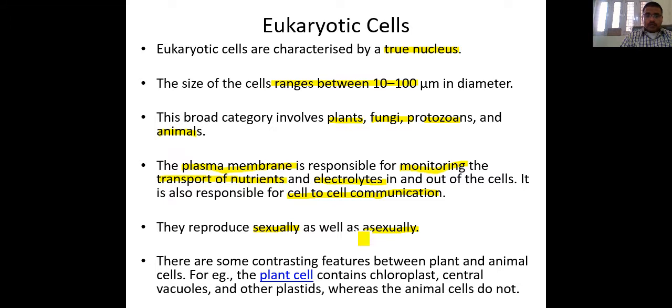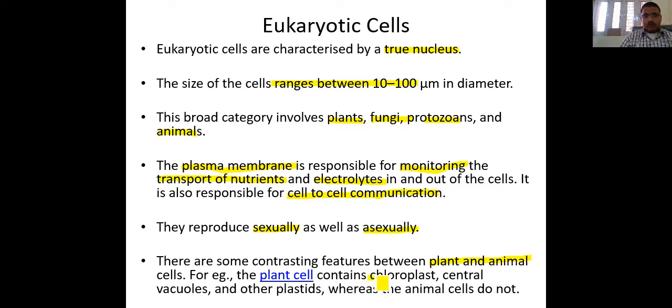And there are some contrasting features between plants and animals. Though plants and animals both come under the eukaryotes, plants have some features which are not available in animals.